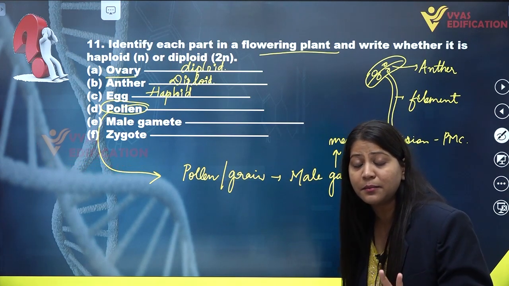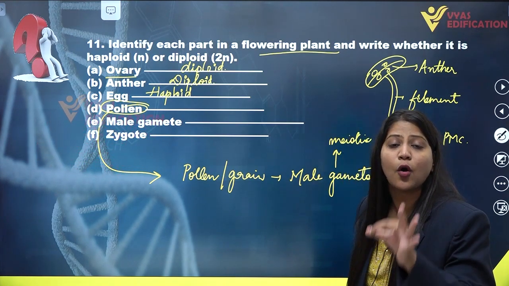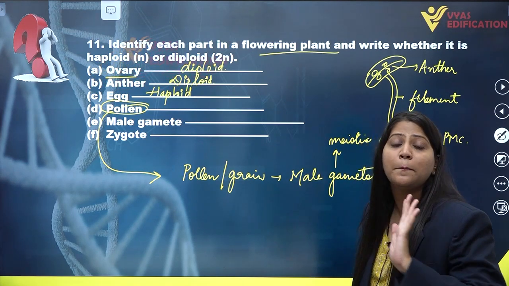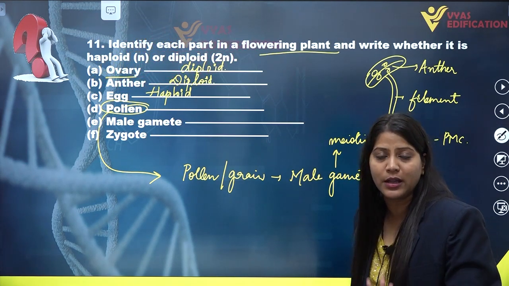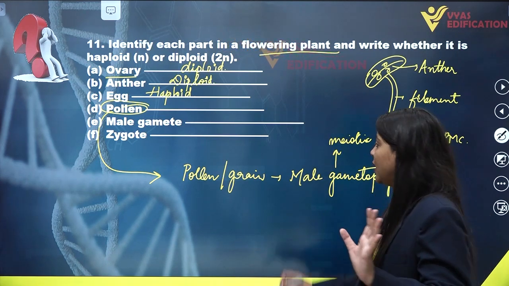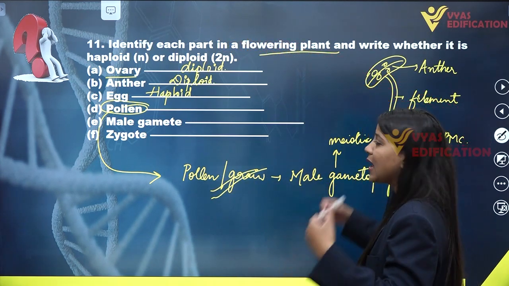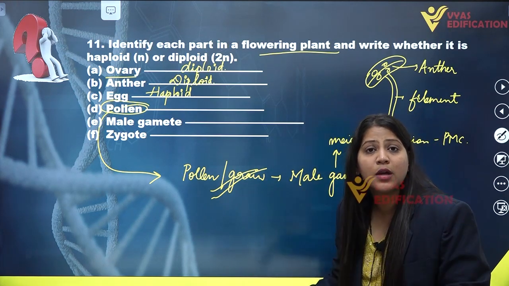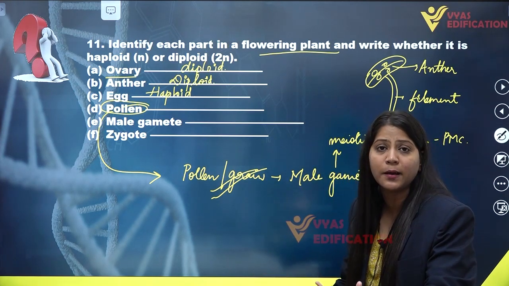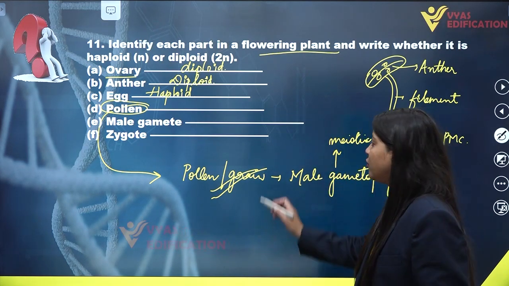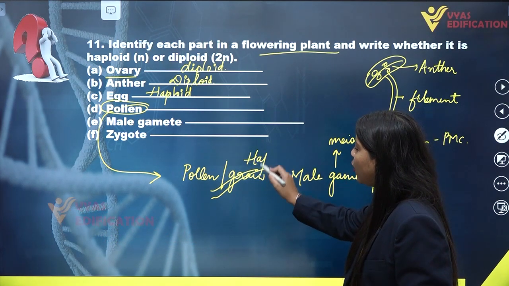But these microspore mother cells, or PMC, that is pollen mother cell, undergo a meiotic division, a reductional division, to form these pollens. So if any cell is undergoing meiotic division to form anything, then the thing which is formed from the meiotic division will always be haploid.